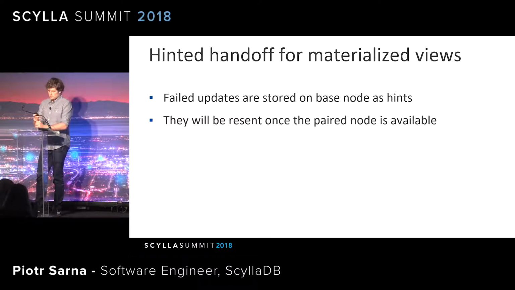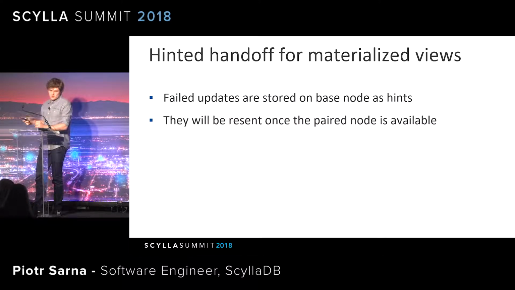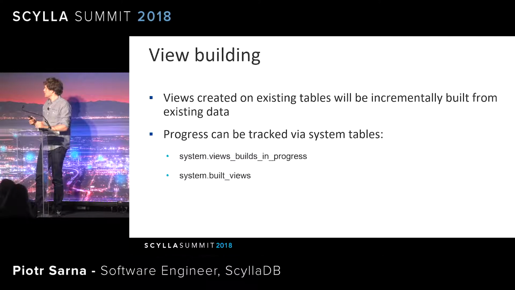If one of the view replica writes failed, we can just store this view update for a while locally on disk, and when the view replica comes back, the view updates will be resent, and that way we don't ever lose a view update, and we don't go out of sync.